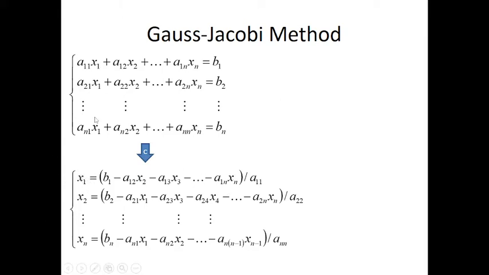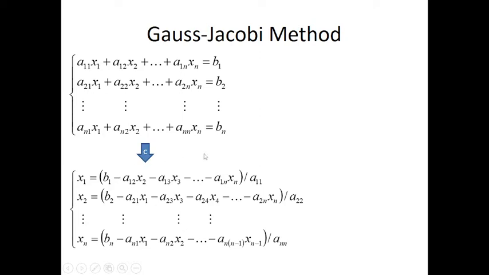For instance, considering the first equation, we express x sub 1 in terms of the other variables, x sub 2, x sub 3, and so forth. Likewise, in the second equation, we express x sub 2 in terms of x sub 1, x sub 3, x sub 4, and so forth, until we reach the last equation, expressing x sub n in terms of the other unknowns.